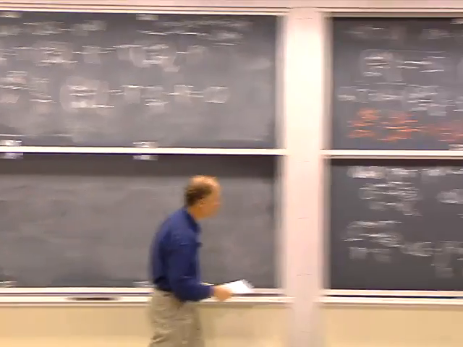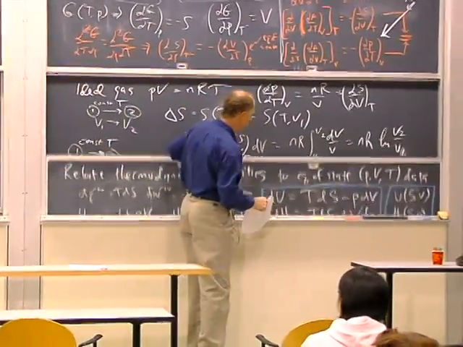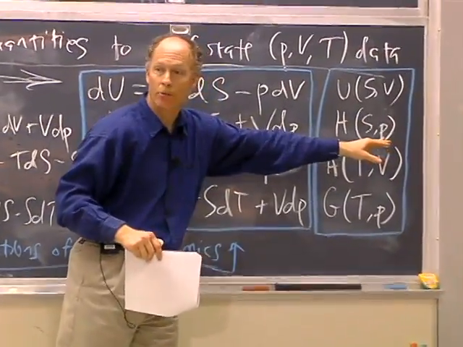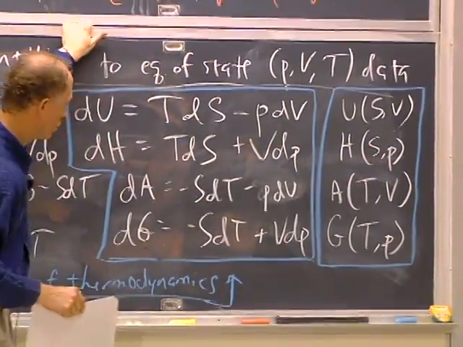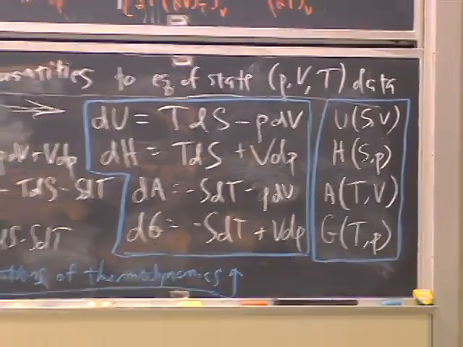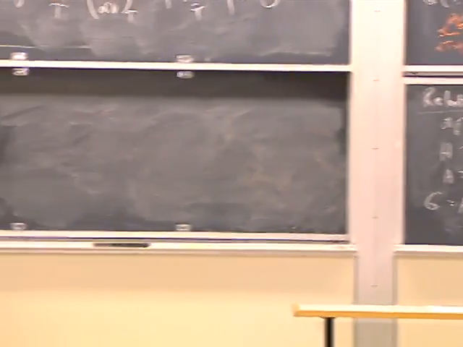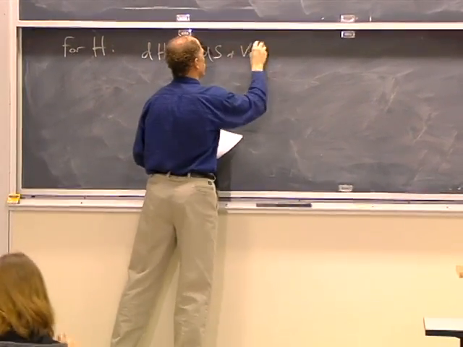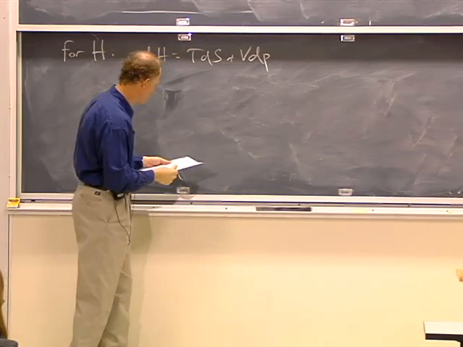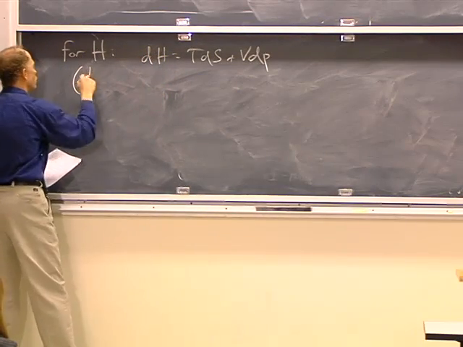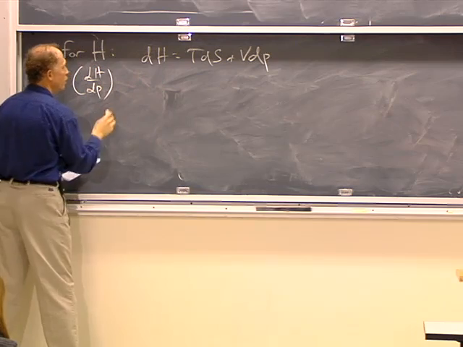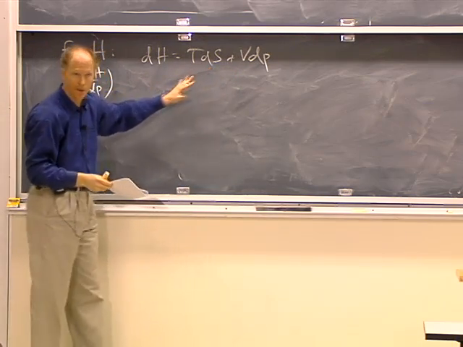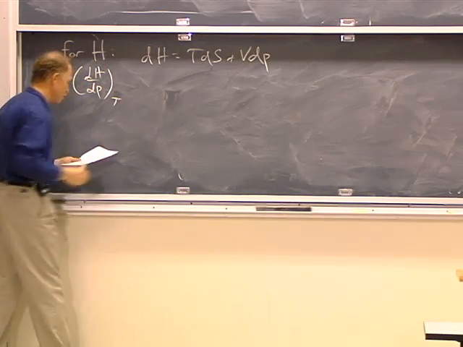But again, our fundamental equations show us how it changes as a function of entropy and pressure, right? So dH is TdS plus VdP. So let's look at dH/dP. We know how to get it immediately if we keep entropy constant, but we'd like to relate it to what happens if we keep the temperature constant.